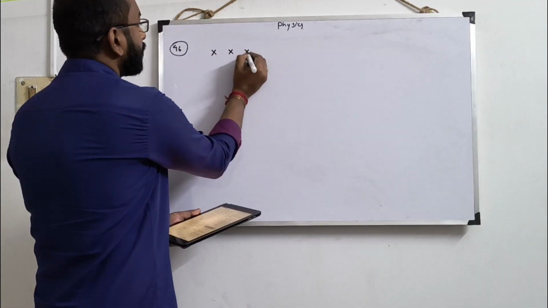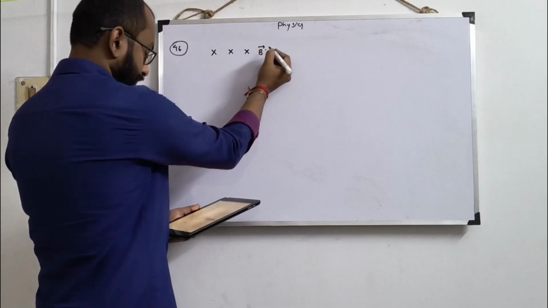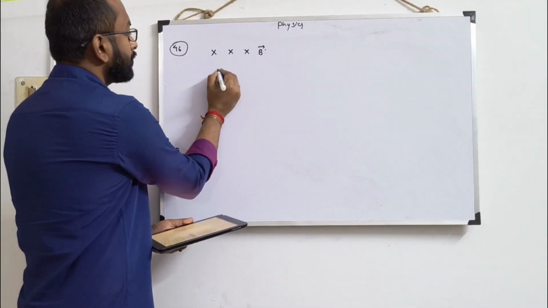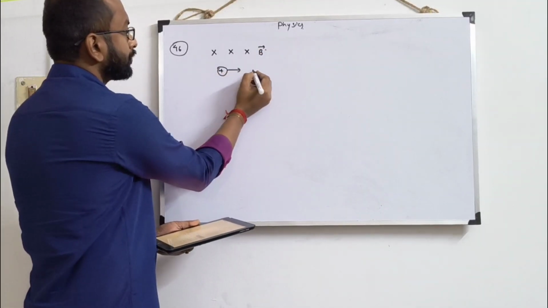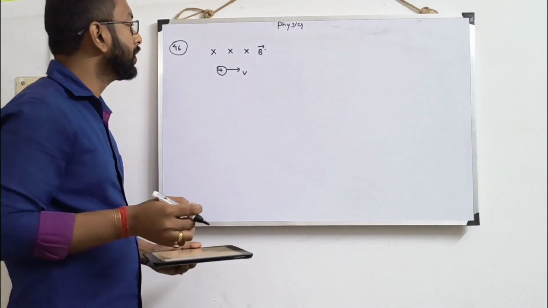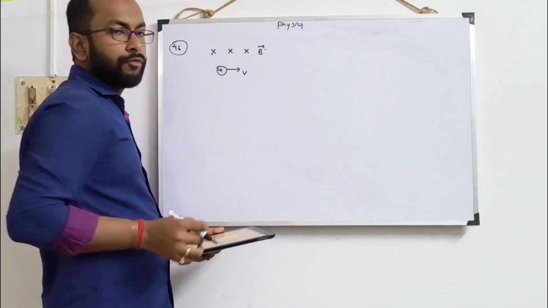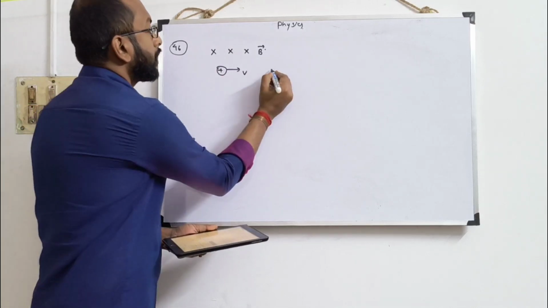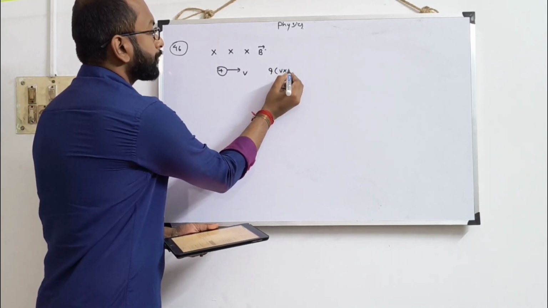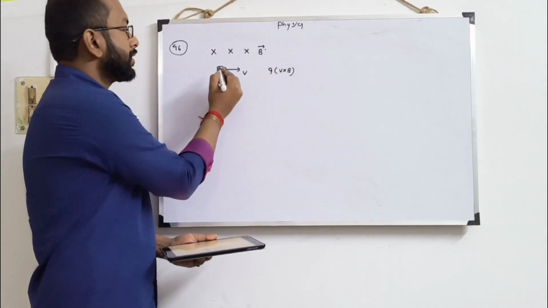Let's say this is the magnetic field. One positive charge is moving in this direction with velocity v. The magnetic force due to this velocity is q into v cross B, and v cross B is in this direction.